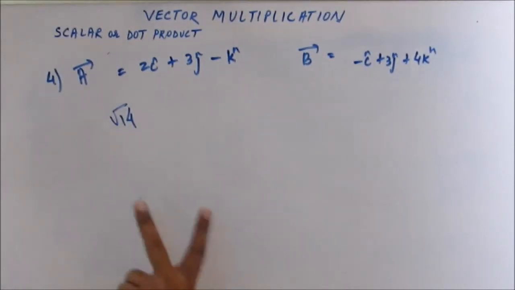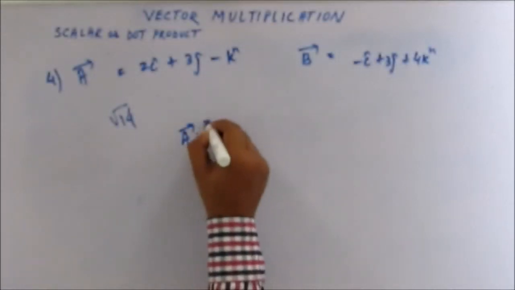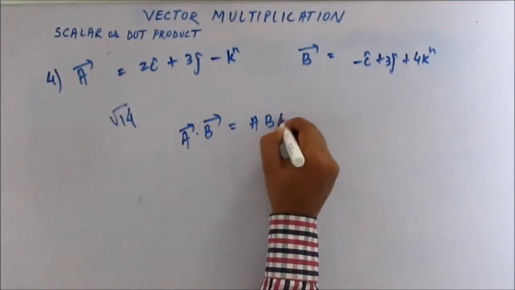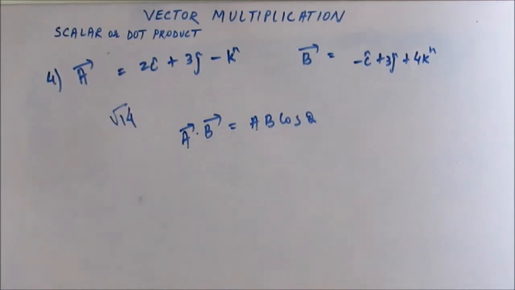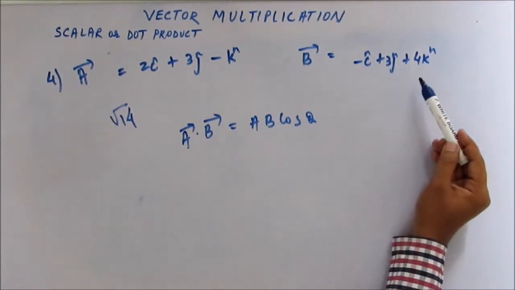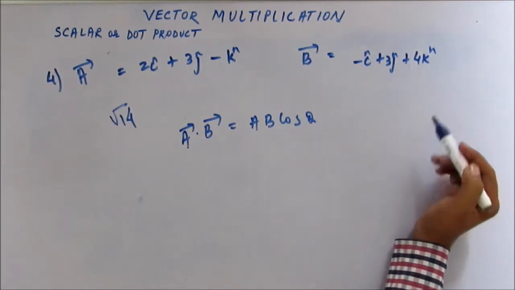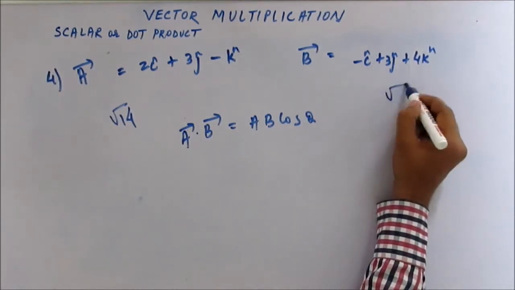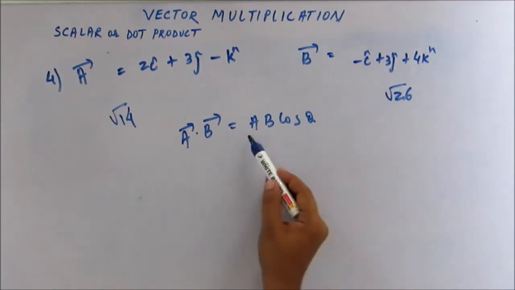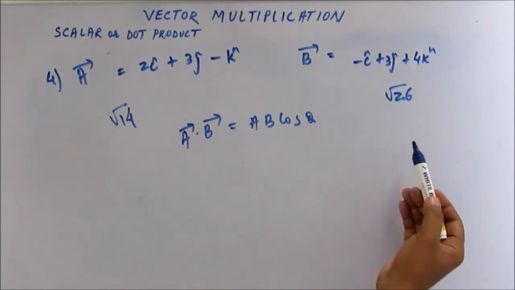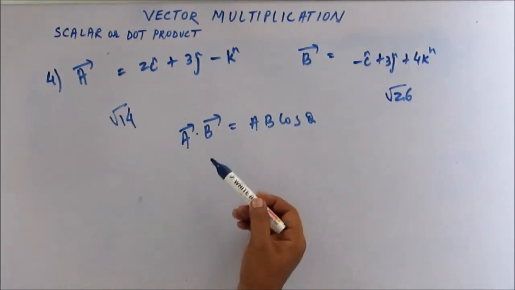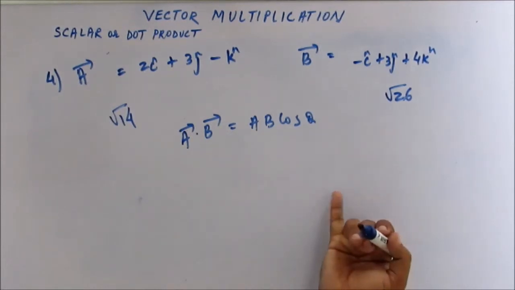So we are interested in finding the angle, and dot product helps us to find the angle, because A vector dot B vector is AB cos theta. And magnitude of B vector would be √26. So you know A is √14, you know B is √26, you know A vector dot B vector. You can get cos theta easily from here.